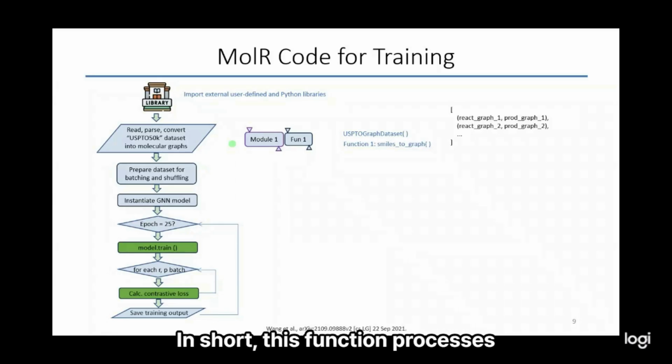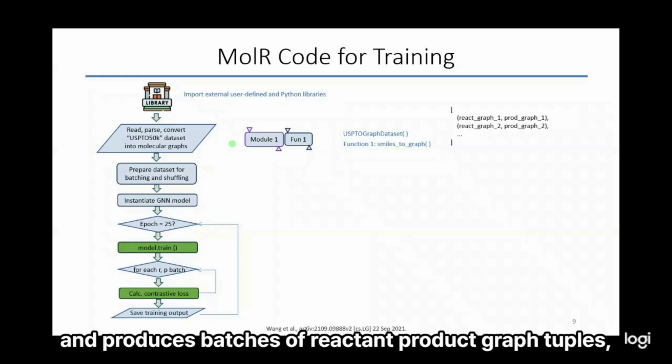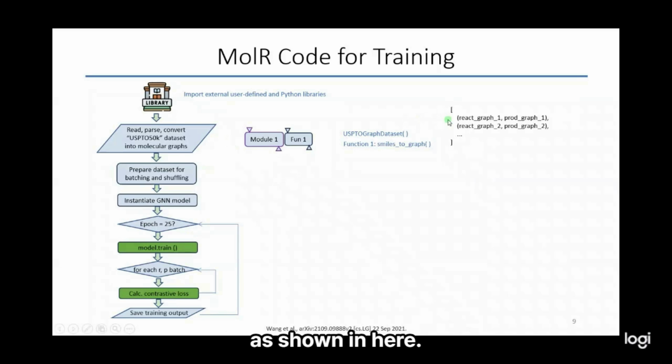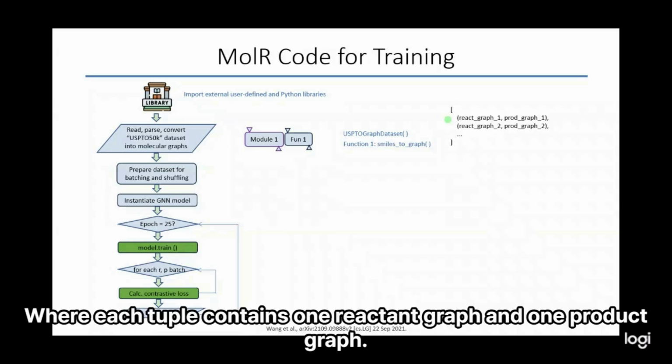In short, this function processes 40,008 USPTO reaction entries and produces batches of reactant-product graph tuples, as shown here, where each tuple contains one reactant graph and one product graph.